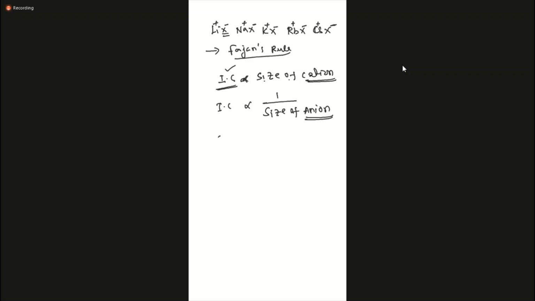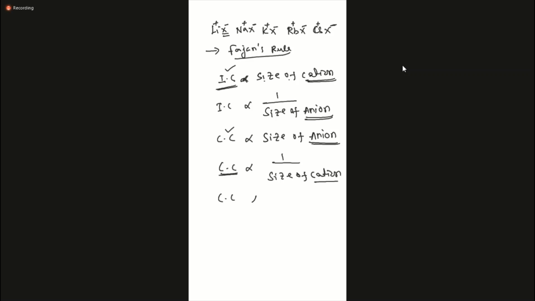Next, covalent character is directly proportional to size of anion. Anion size increases, covalent character increases. Covalent character is inversely proportional to size of cation.